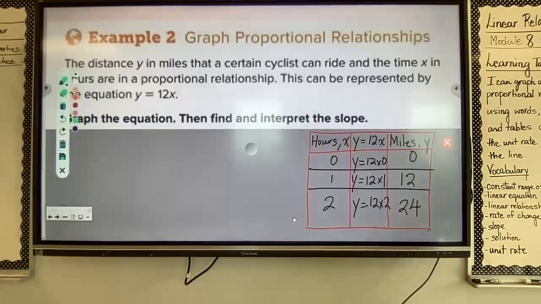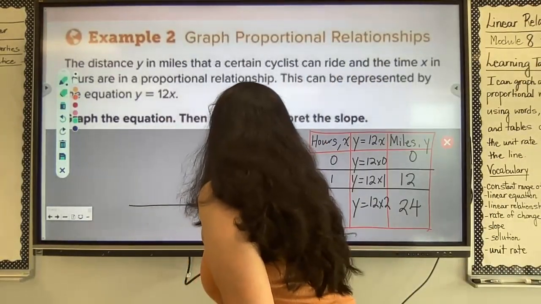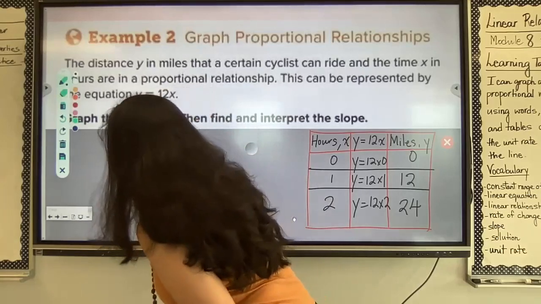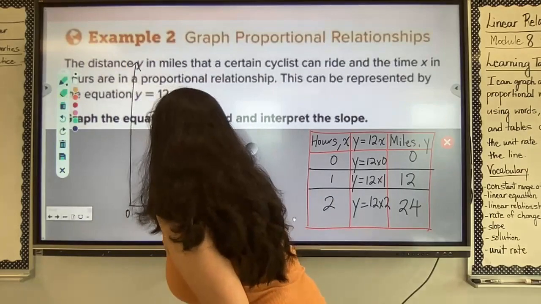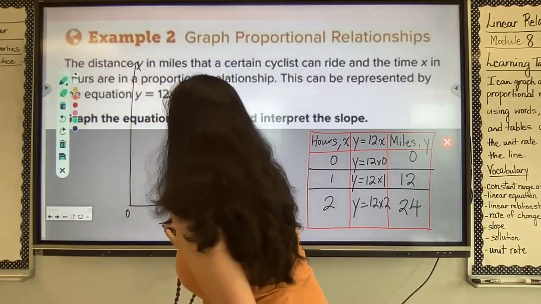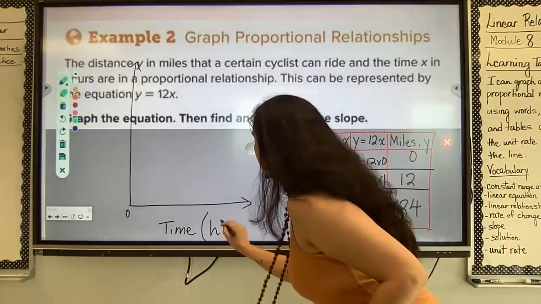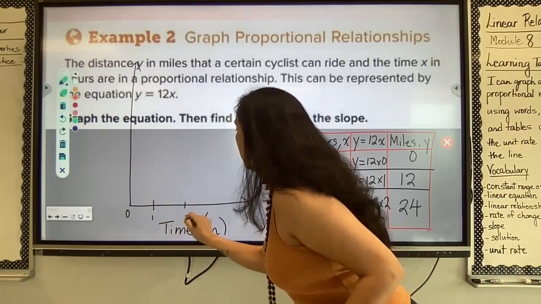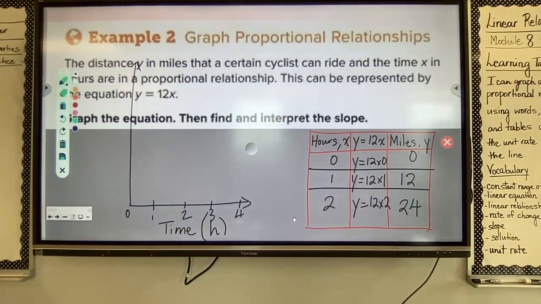All right. So now after I have done this, I am going to graph the ordered pairs. So let me go ahead and create the graph over here. So we have time. This is 0, and this is my time over here. Since I've taken till 2, I would say this is time in hours: 1, 2, 3, 4. And then I have distance in miles.